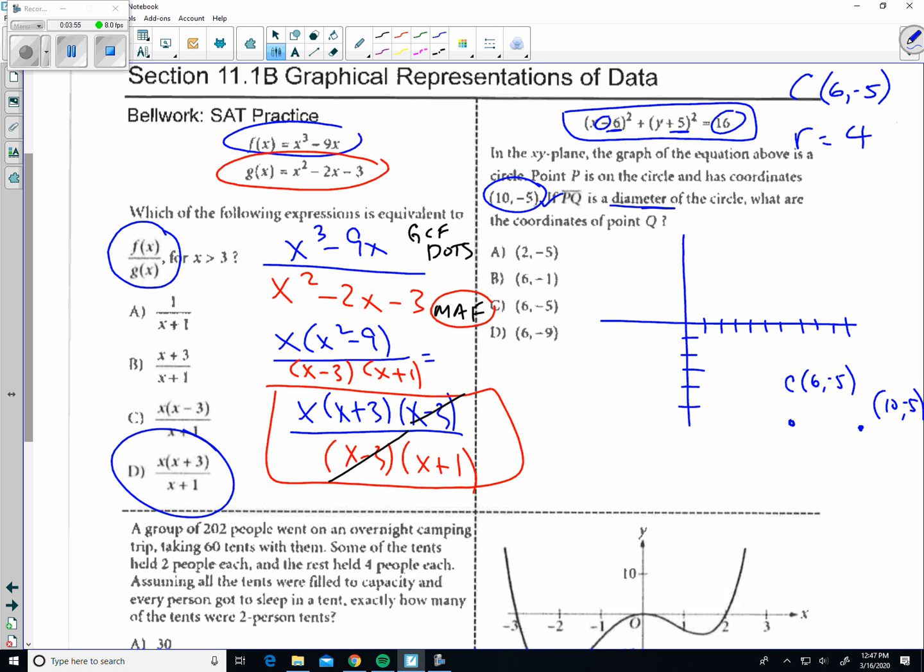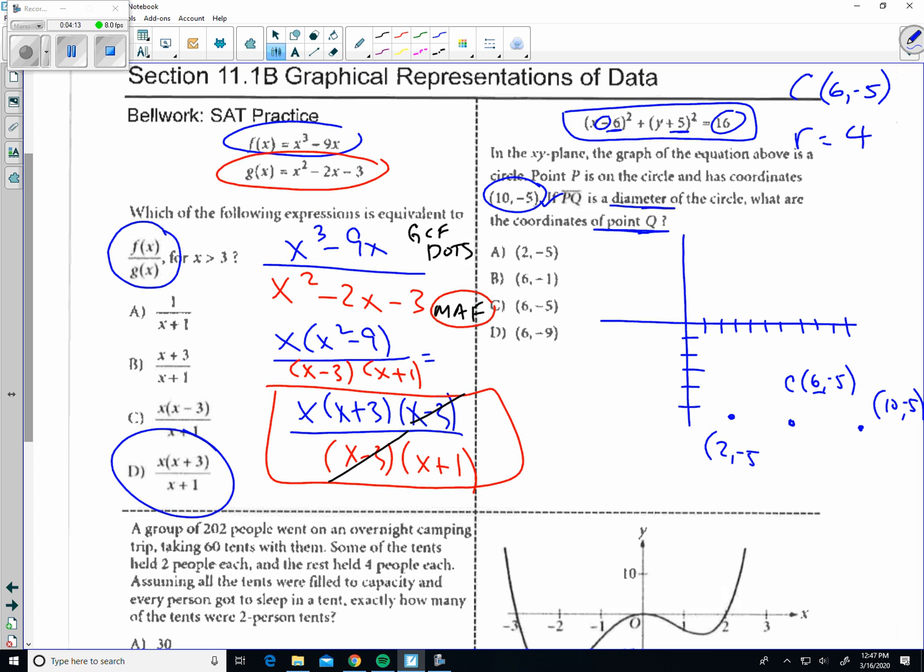If we wanted to find the endpoint that represents point Q, it would be on the left side of the center, 4 units away. So 4 units away from the digit 6 would put us back at 2, -5.